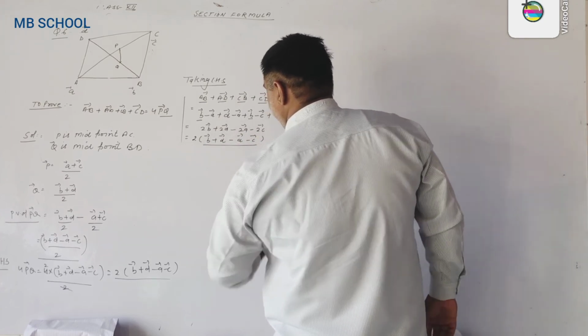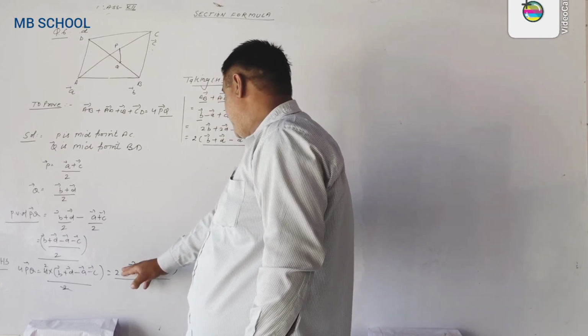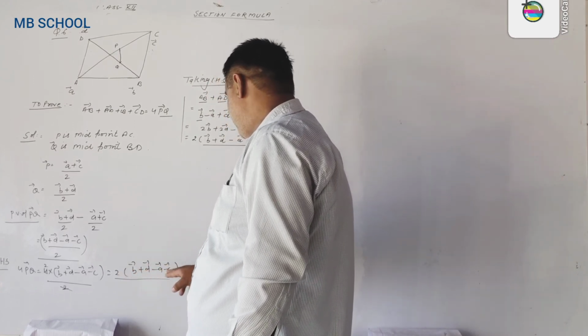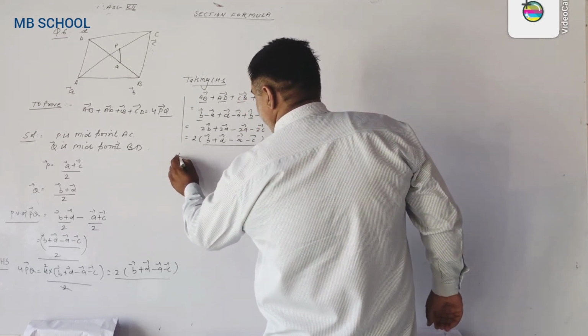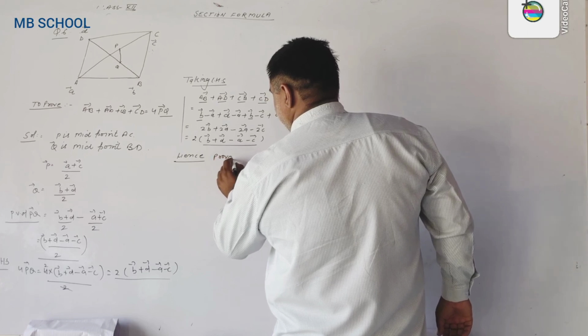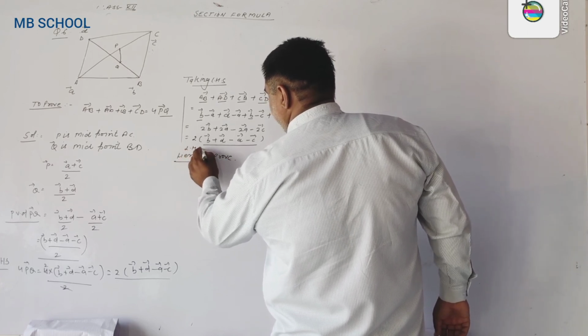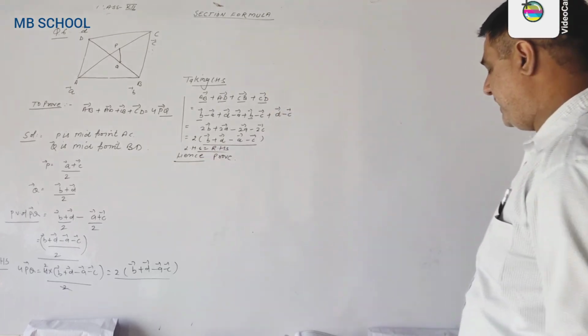Now the left hand side is this and the right hand side is this. We take 2 into vector B plus D minus A minus C, and the left hand side is also equal to this. So hence LHS is equal to RHS by this result. So hence this result is proved. This is your exercise 12.